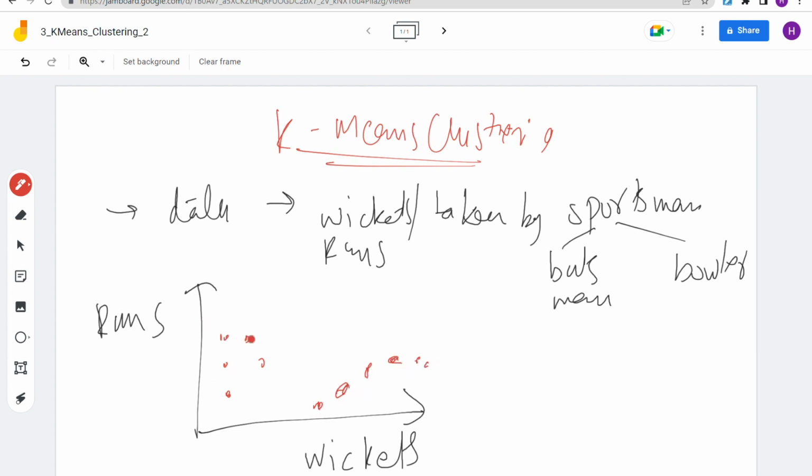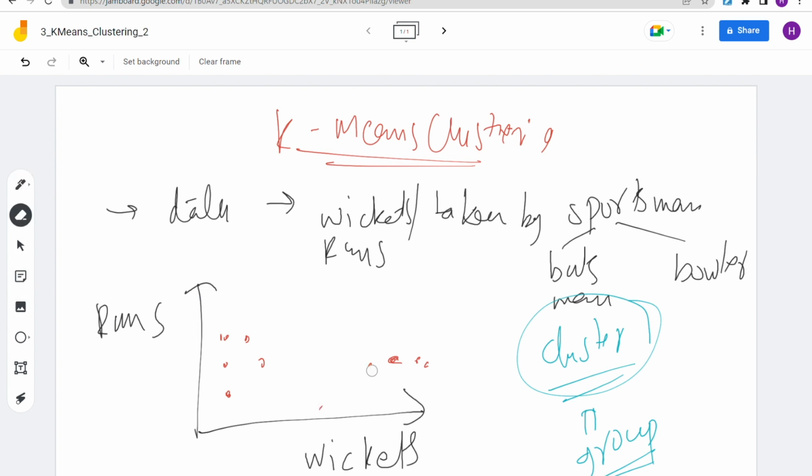Now, just by observing, what we have to do is cluster or group them, out of which do you think looks like a batsman and which looks like a bowler. So just look at this data set and tell me what you think.